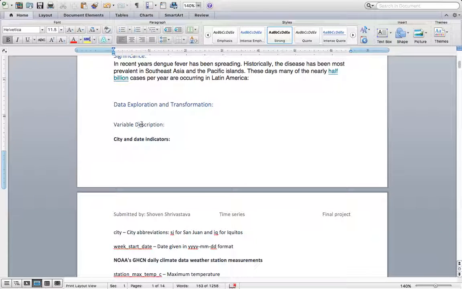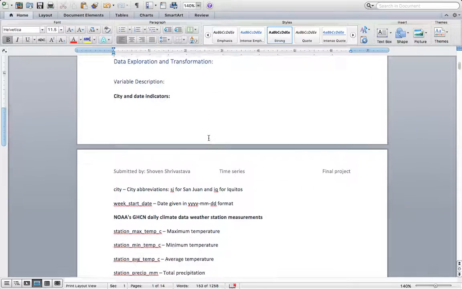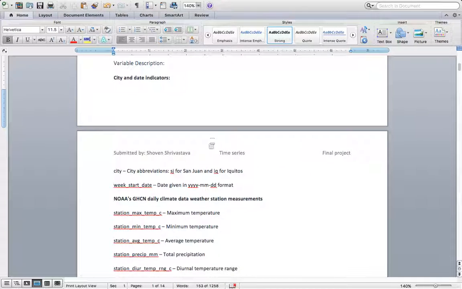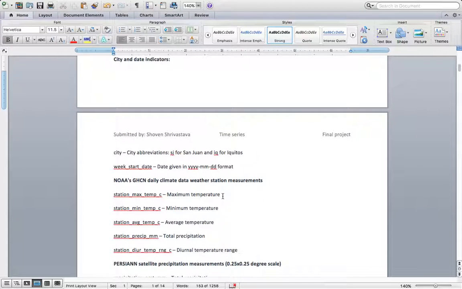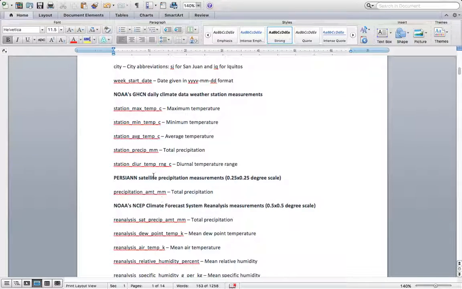So I started with the data exploration and transformation, and I went through all the variables that we can use to predict the total number of cases. Some of the data is station max temperature, station minimum temperature, station average temperature, and station precipitation, which plays a major part in the spread of dengue fever.